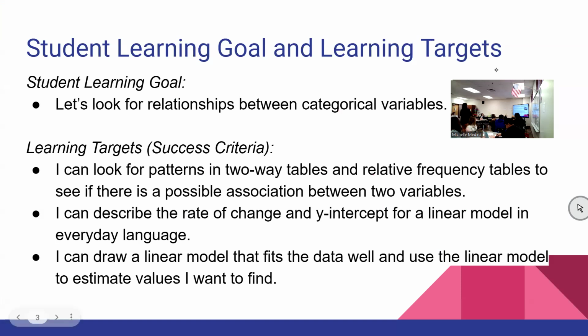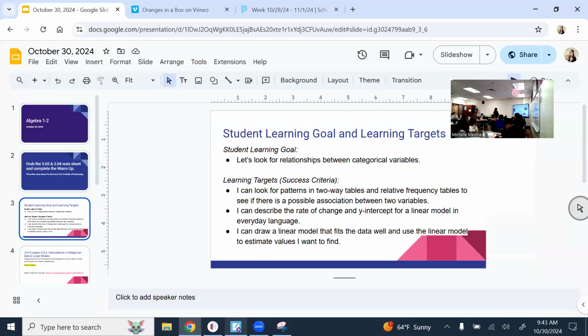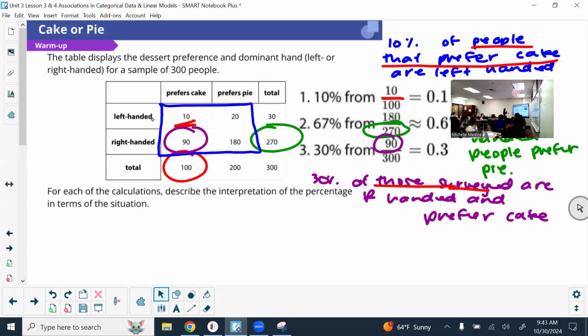So we didn't necessarily calculate all the relative frequencies for the warm-up, but look at the two things being compared. Whether someone's left or right-handed, and then what dessert they prefer. Without looking at the numbers, do you think that there's a relationship between those? Does being right-handed mean you like a certain dessert better? Logically, we know there's probably no relationship between those.